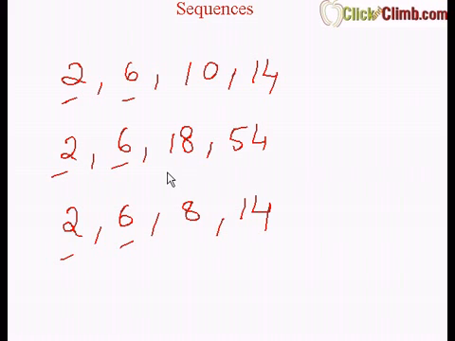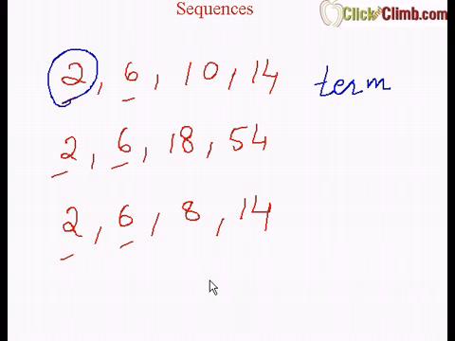First of all, we'll be dealing with the terms used in sequences. Each number in a sequence is called a term. Now we often use inductive reasoning to find the terms of a sequence, like what will be the next term.